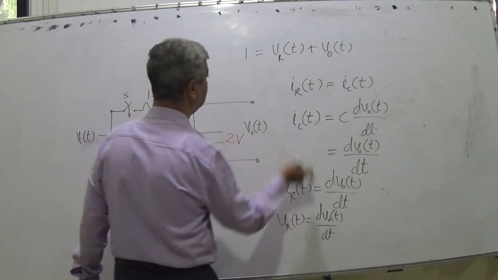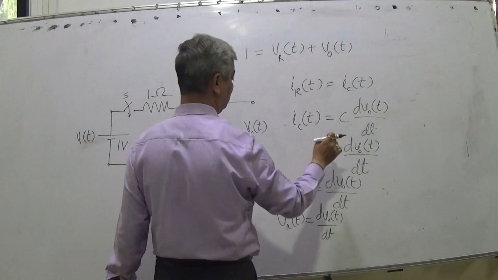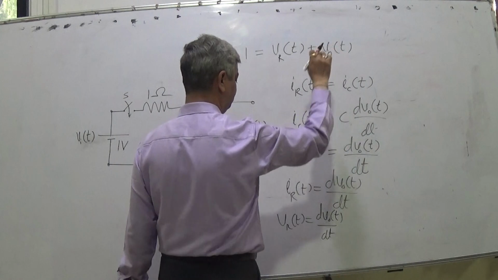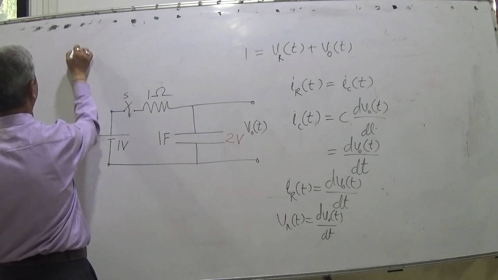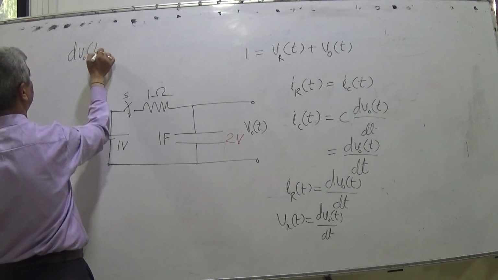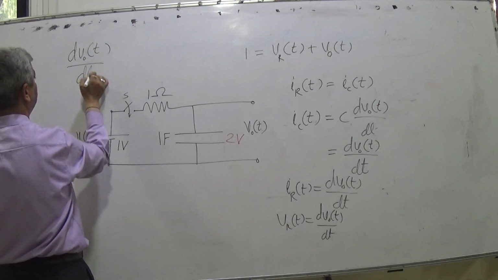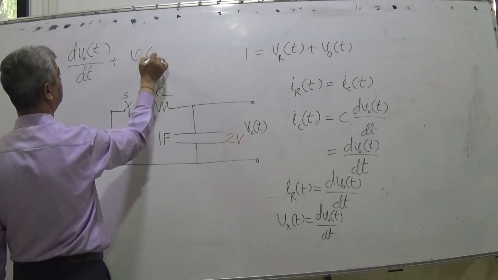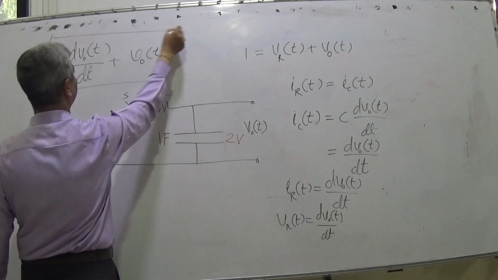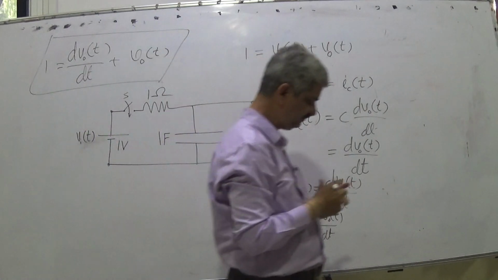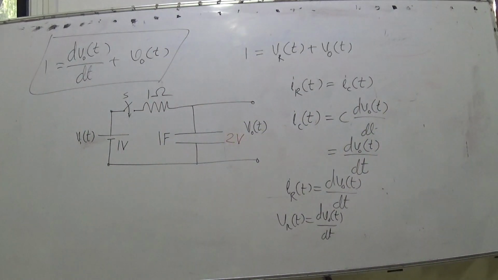So if we put this here, we directly get dVO(t) upon dt plus VO(t) as it is, and that is equal to 1. So it is very clear that this circuit is same, the input voltage we are applying is same, so the differential equation is same.